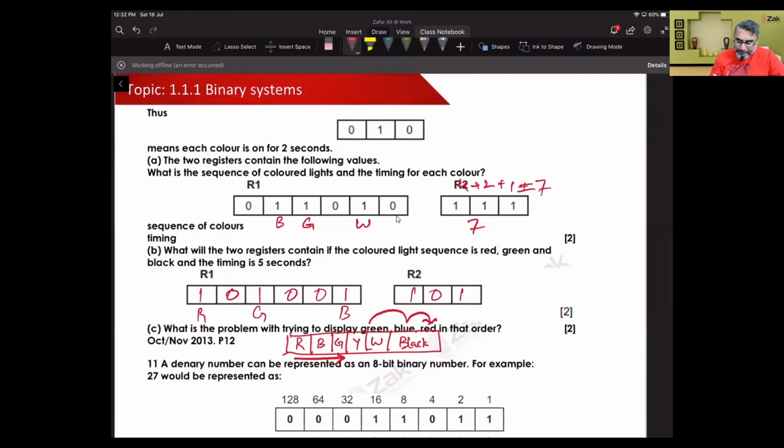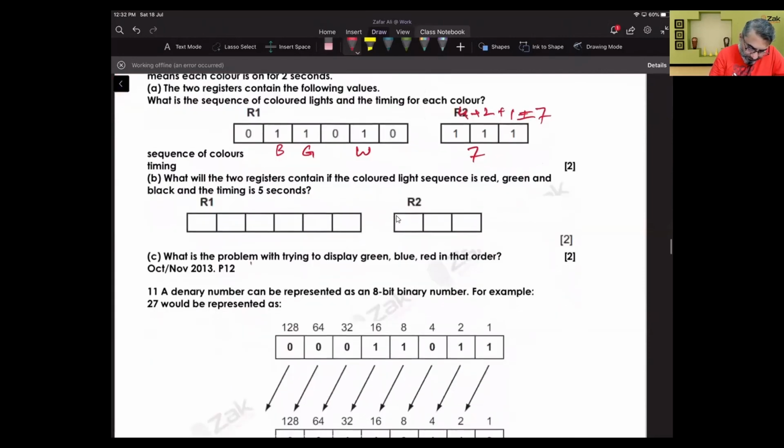Because the computer reads from left to right. When the computer reads the byte, the register, it reads from left to right.